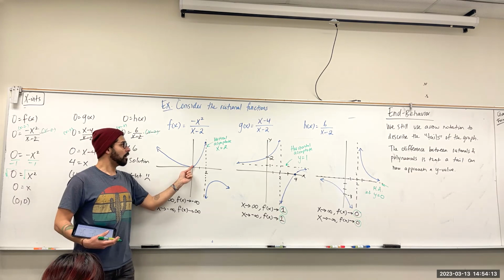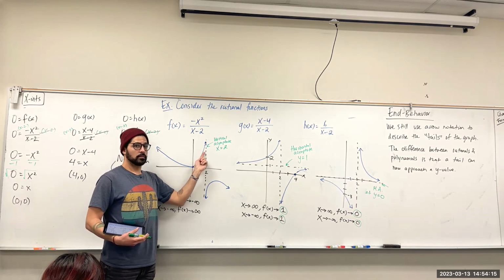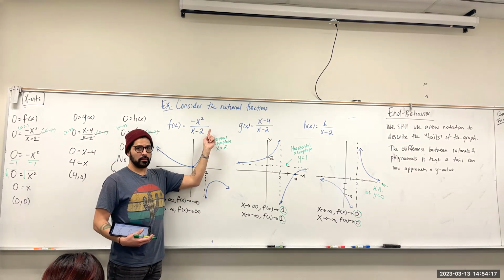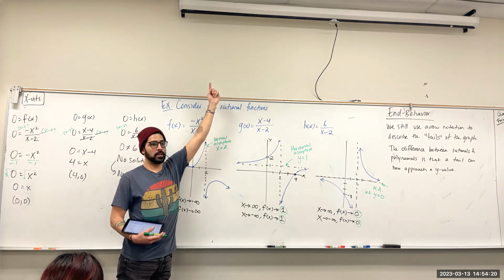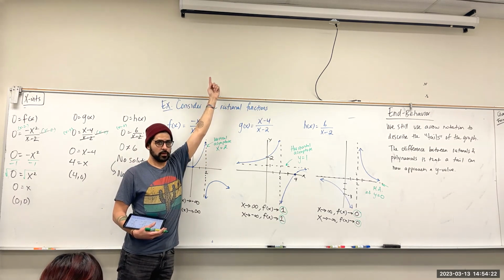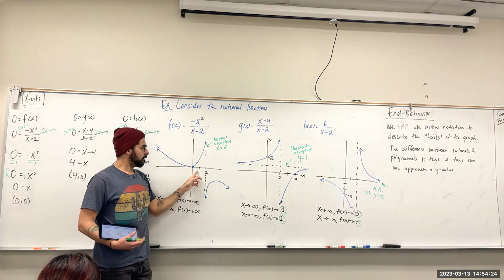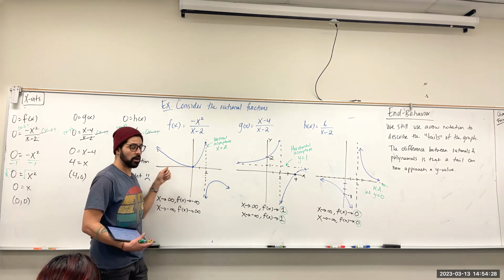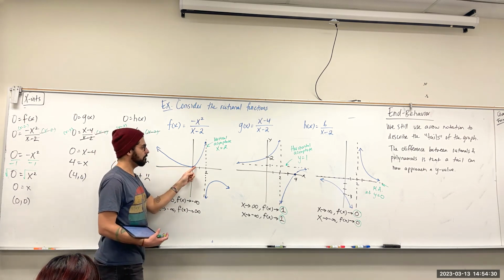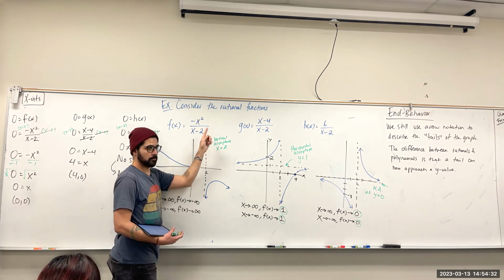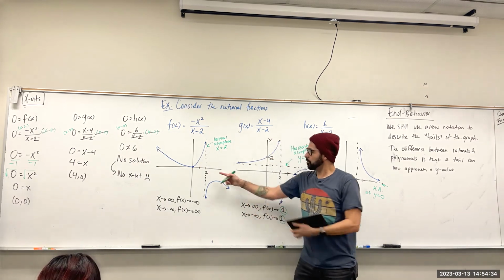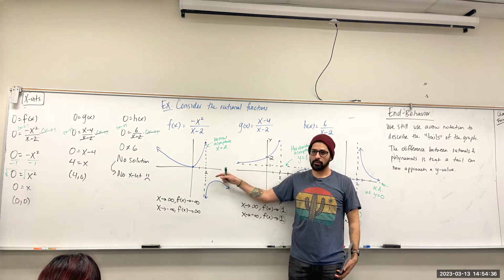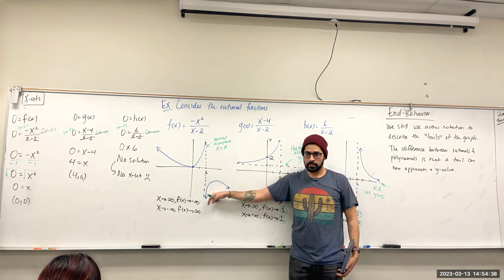But what are the y values doing? They shoot up towards infinity. That's if I'm approaching 2 from the left side. If I'm walking towards 2 from the left, the y values shoot up. But if I'm approaching 2 from the right, the y values are going to go down.